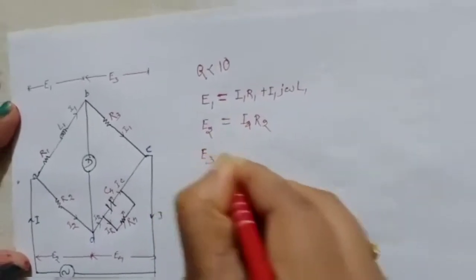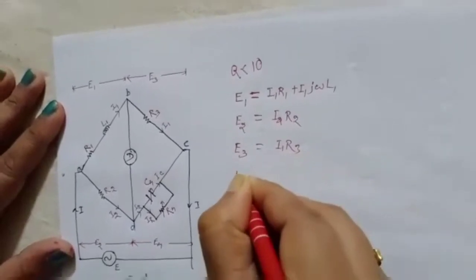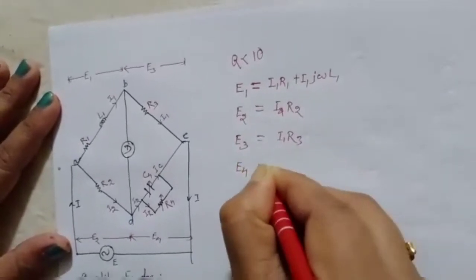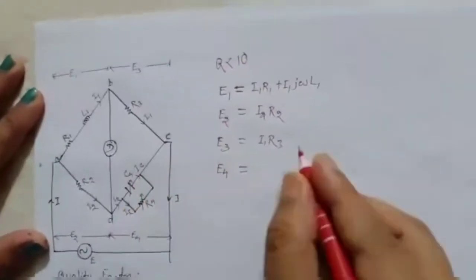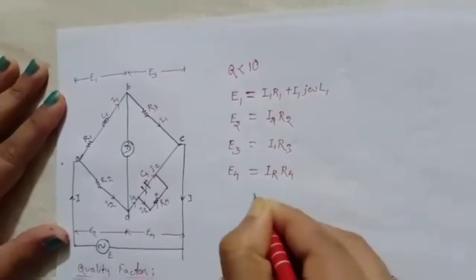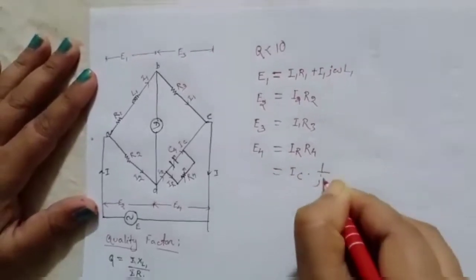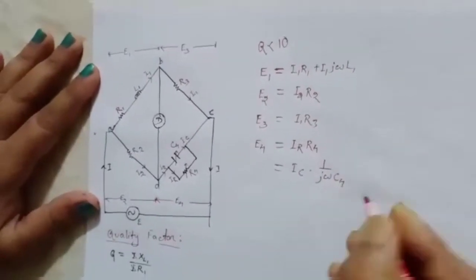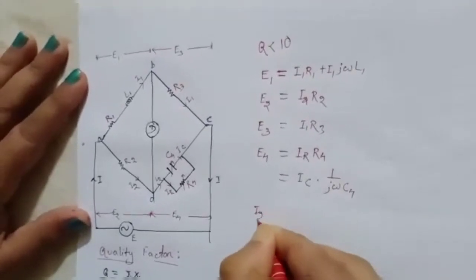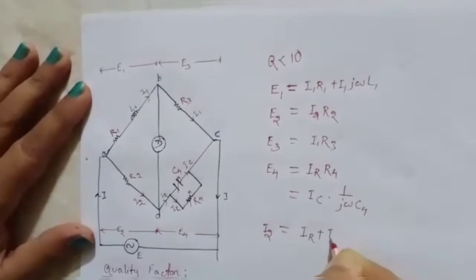Then the value of E3 is equal to I1 into R3. Value of E4 is equal to, it has two parallel branches, so one value is IR into R4 and it should be IC into 1 by j omega C4. Then the value of I2 must be the phasor sum of IR and IC.